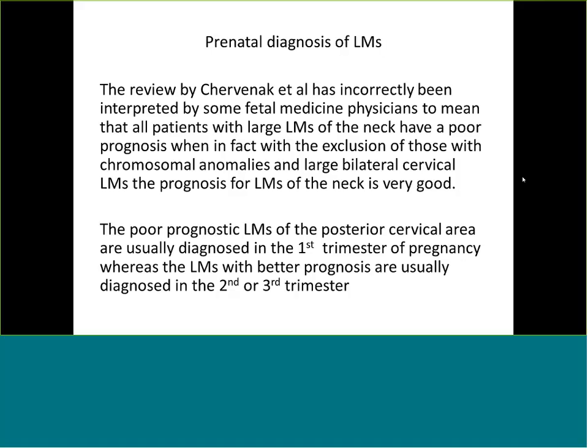One of the things also noted in this study from 1983 is that most of the babies who have these large posterior cervical lymphatic malformations are diagnosed in the first trimester of pregnancy, whereas the lymphatic malformations that we see that have a better prognosis are diagnosed later.